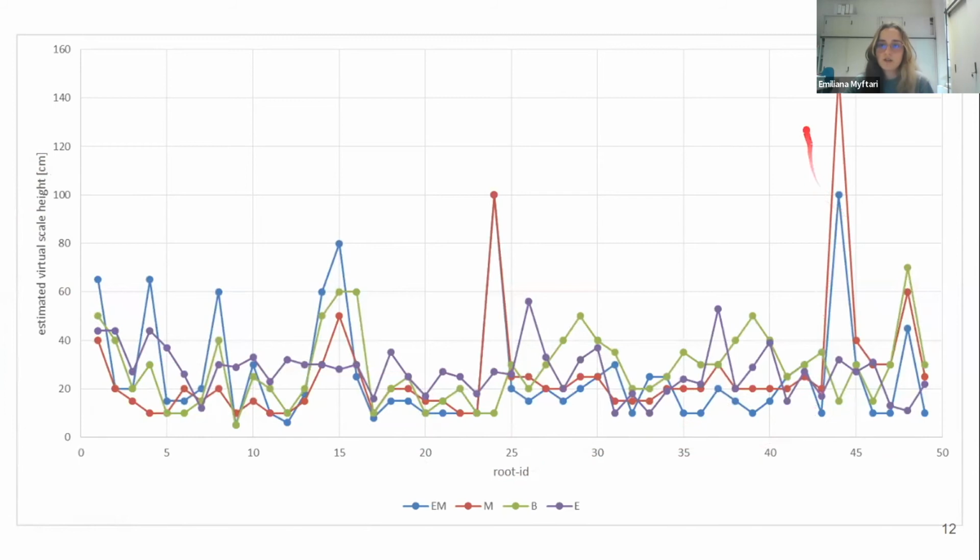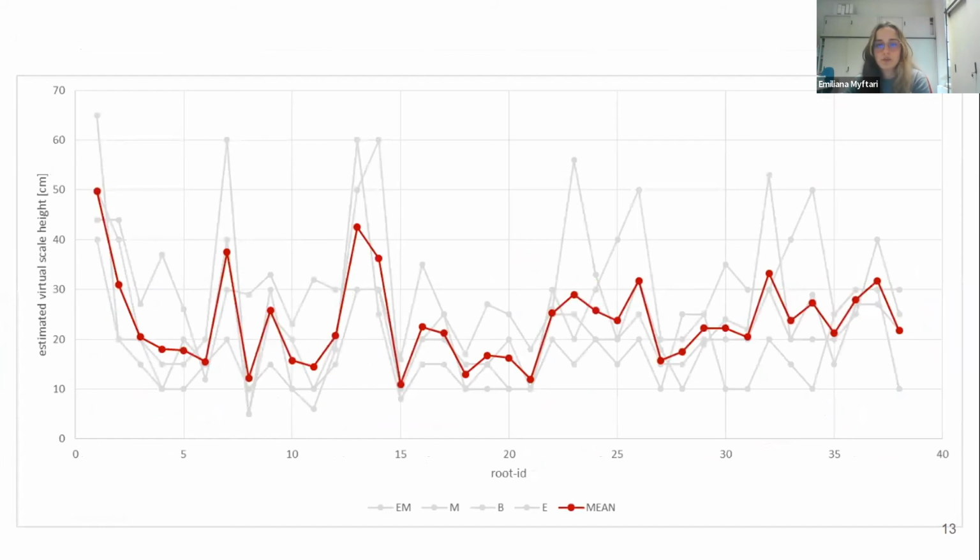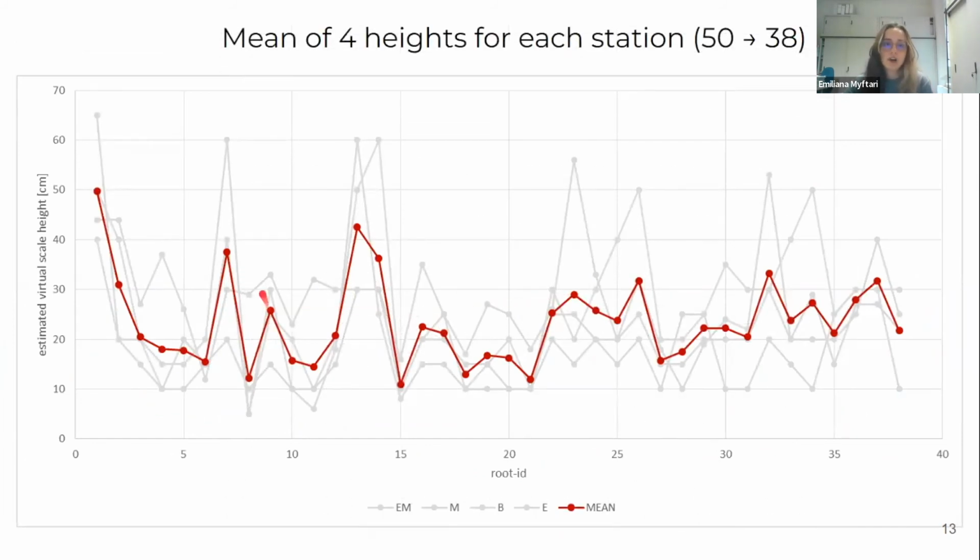Sometimes they are really big or really small. So we had to choose some stations and remove them. For example, we computed the mean of the 4 heights for each station. We removed the stations that had really different values. And so we got at the end only 38 stations and not 50.